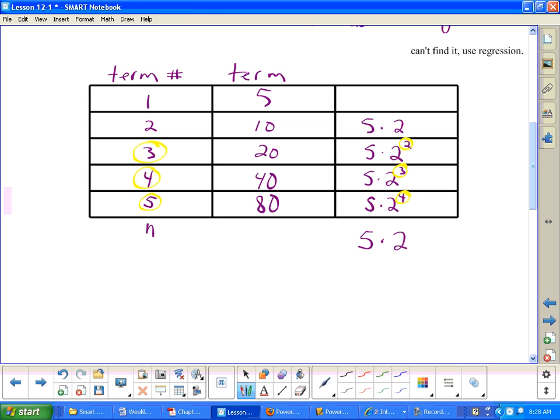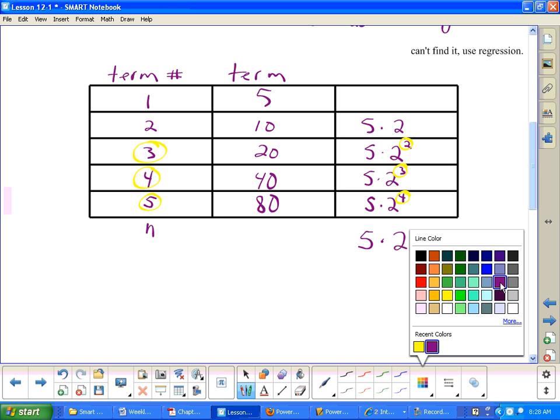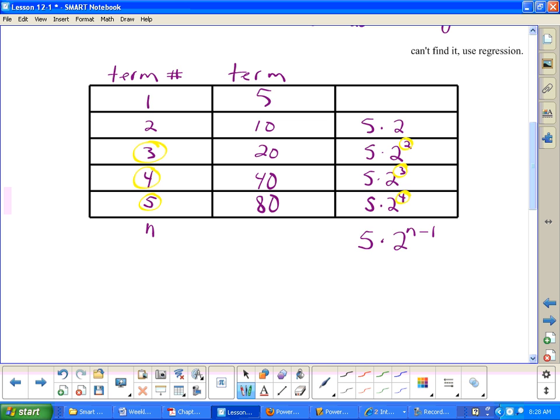They're 1 less. So then this is going to be 5 times 2 raised to the power of n minus 1. So our explicit rule would be a sub n equals 5 times 2 raised to the power of n minus 1, because these exponents here are each time 1 less than our term number.